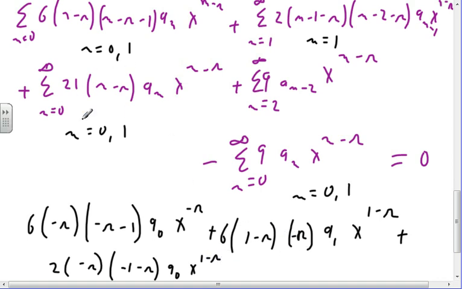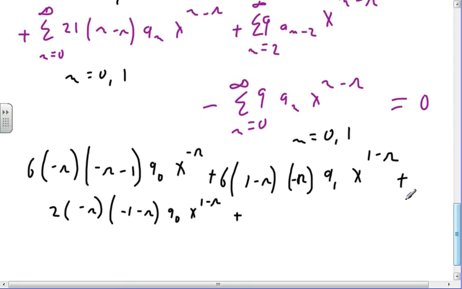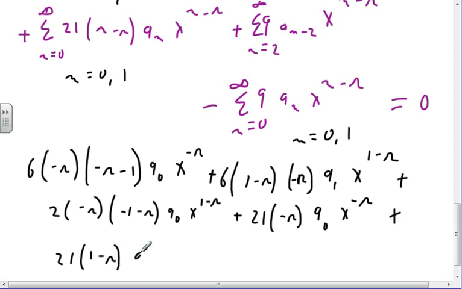Then I'm taking the 0th term out of this guy, 21(minus r) a_0 x to the minus r, plus, taking the 1 term out of this guy, 21(1 minus r) a_1 x to the 1 minus r.